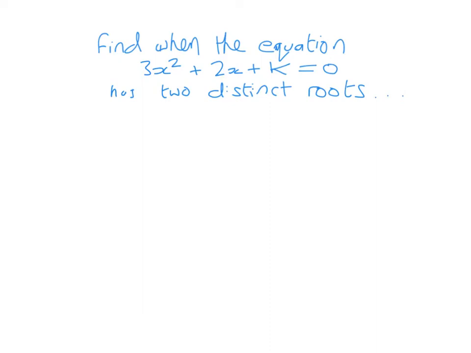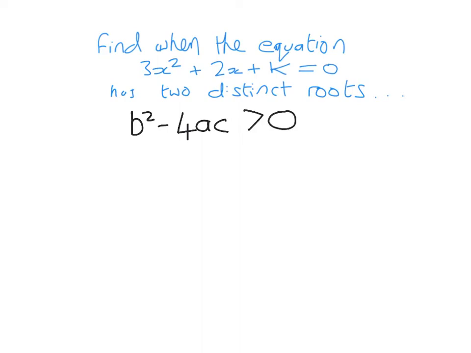Find when the equation 3x squared plus 2x plus k has two distinct roots. Well, two distinct roots means the discriminant has got to be greater than 0. So b squared minus 4ac is greater than 0.